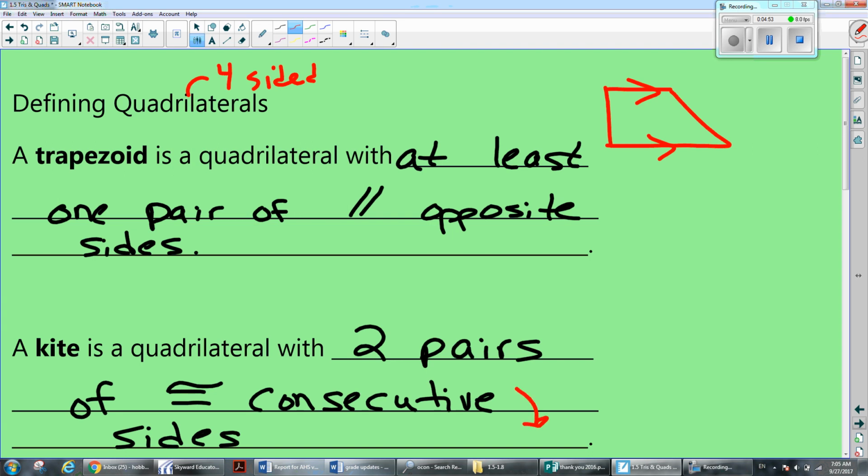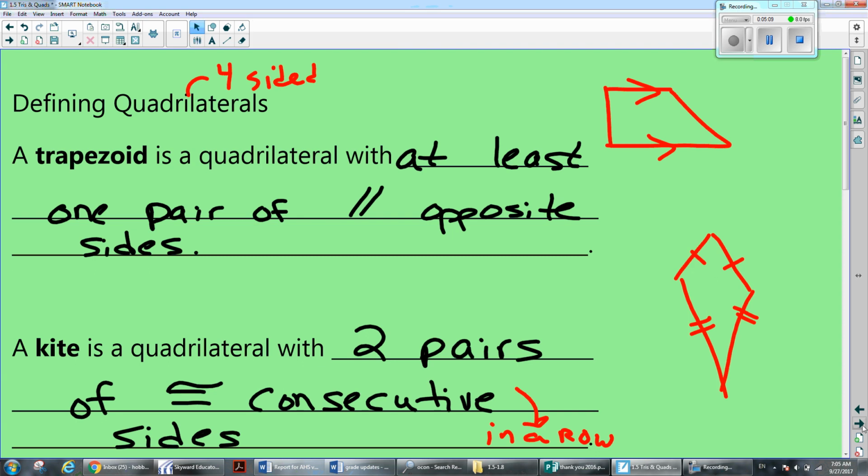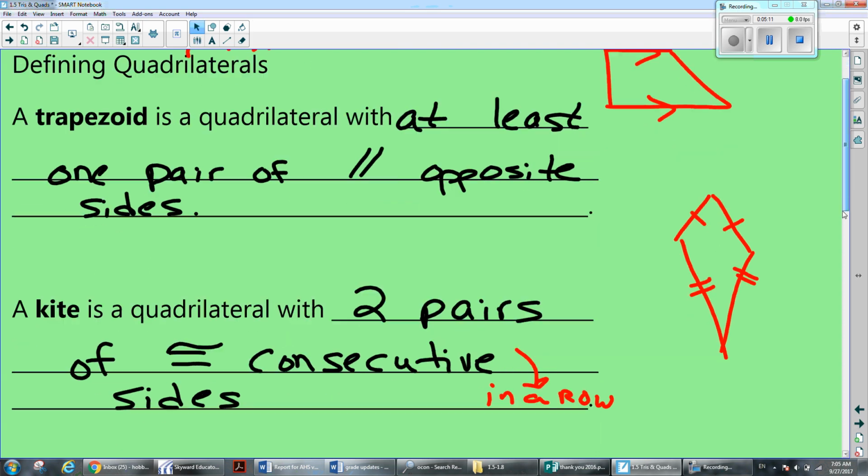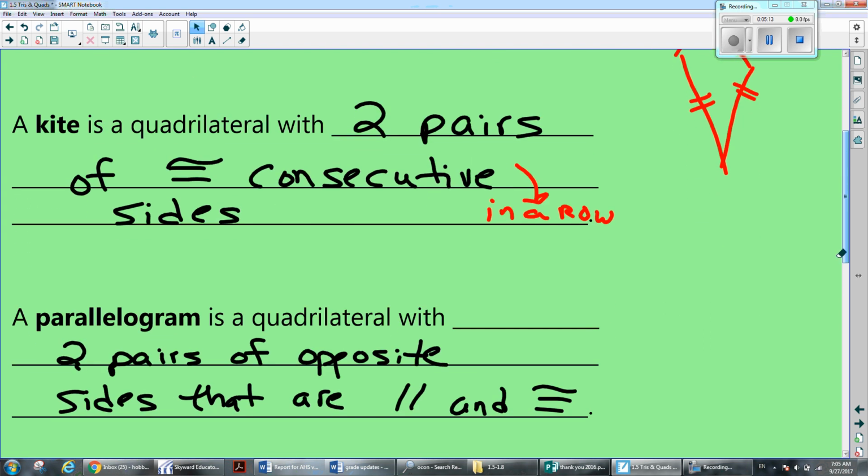Remember, this word consecutive just means in a row. So right next to each other in a row, we have our congruent consecutive sides. They are not opposite of each other. So there's our kite. Sketching these would help.